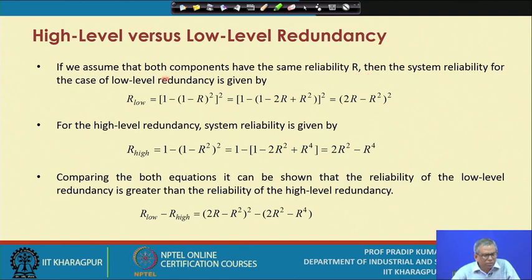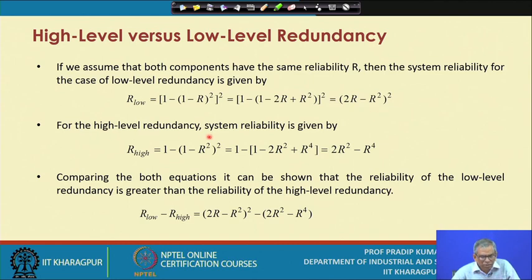Then the system reliability for the case of low level redundancy is given by this. It's a parallel system, so you have 1 minus (1 minus R) squared, all squared. Ultimately you simplify this, and this will be your reliability for the low level.